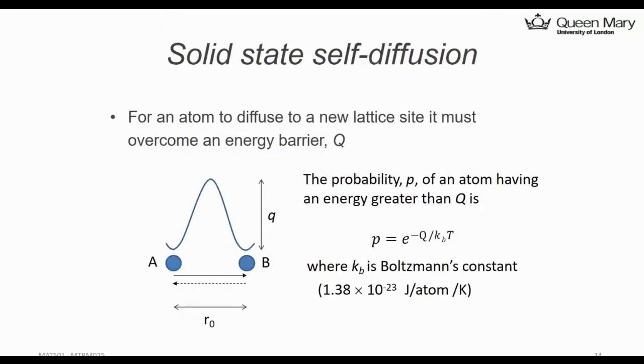For a diffusion problem, if you have an atom that wants to diffuse to a new lattice site, like I said, in an FCC lattice, from one cubic to another cubic, it needs to overcome an energy barrier, which is basically our activation energy, Q. So there's a probability P of an atom having an energy greater than Q, which is this equation.